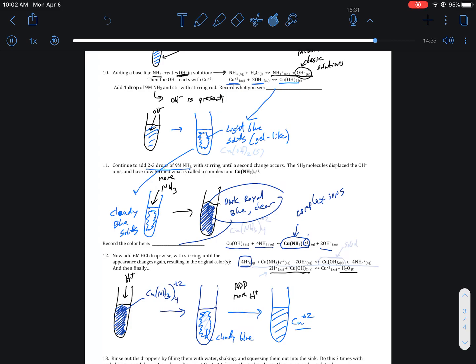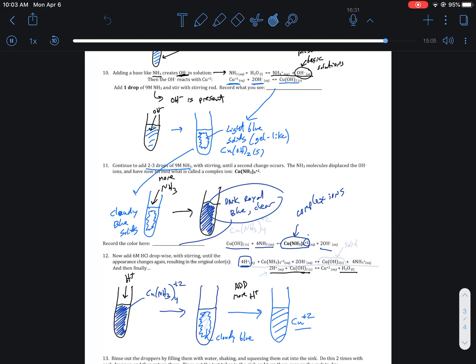So we had several reactions in equilibrium, and we were able to shift the equilibrium every time we added something. So let's recap this. At the beginning of this, we started with copper nitrate, which is just a pale clear blue. And then we added hydroxide. The hydroxide caused the formation of the solid jelly-like copper hydroxide.